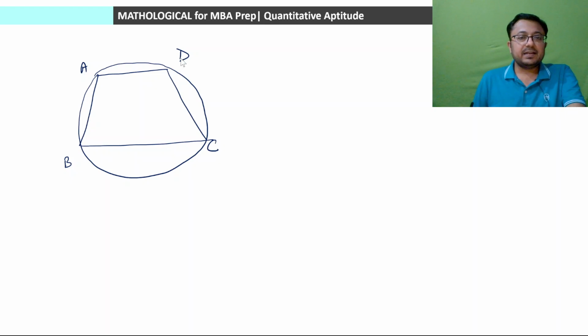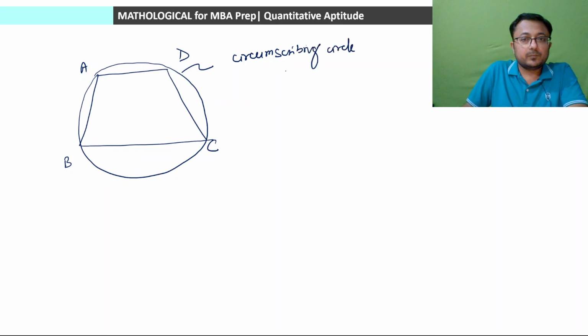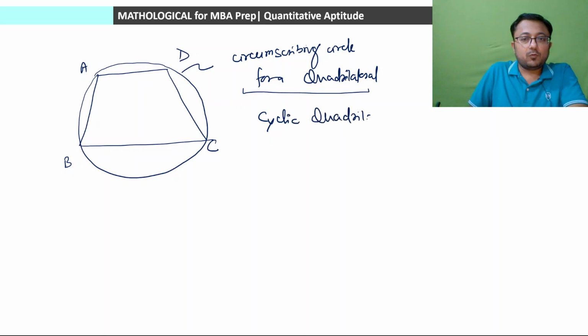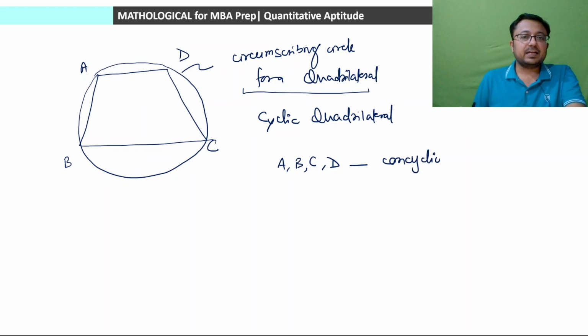Let us say there is a quadrilateral ABCD, and if there is a circumscribing circle for a quadrilateral, then such quadrilateral is called cyclic quadrilateral. Okay, and A, B, C, D, the vertices of the quadrilateral are called concyclic.